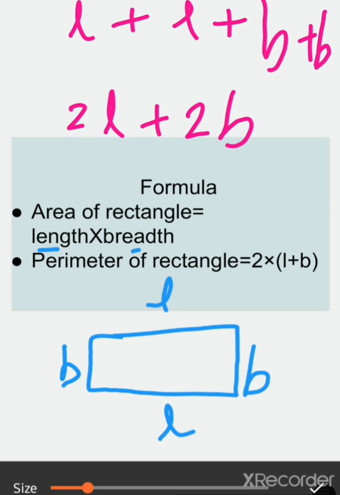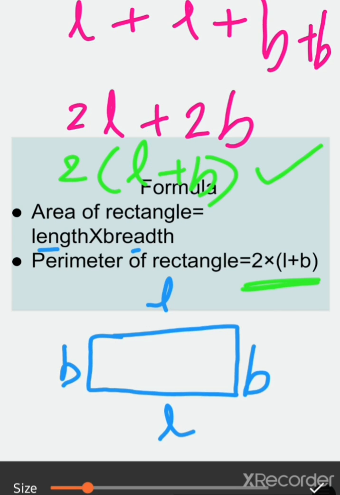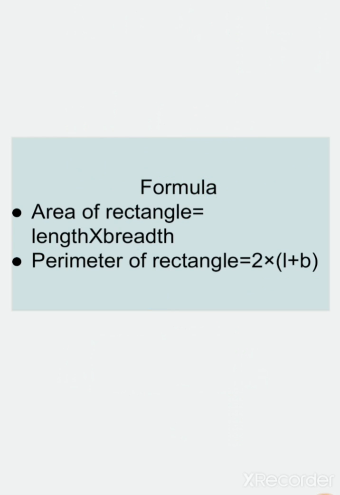If I take out 2 common, it will be 2(L plus B). So this is the formula for perimeter of a rectangle, that is 2 multiplied by (length plus breadth). In this way you can find the perimeter of the rectangle using the formula.